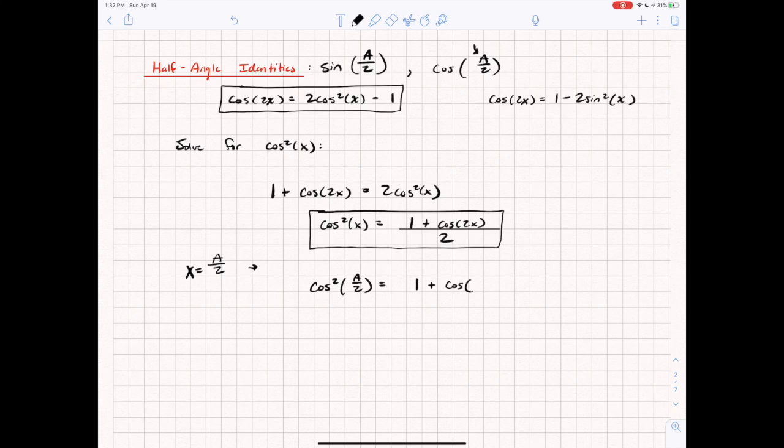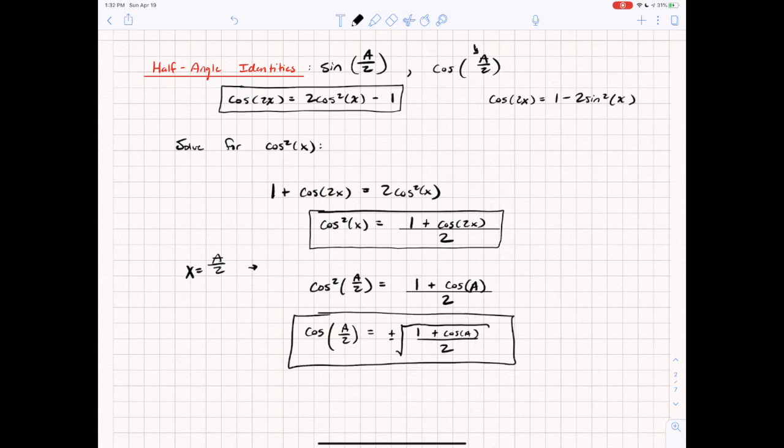Well, if I do 2 times x, the 2's are going to cancel and leave me with just cosine of a. And this will be over 2. And then by taking the square root, I get cosine of a over 2 is equal to plus or minus the root of 1 plus cosine of a over 2. This is the half angle identity.